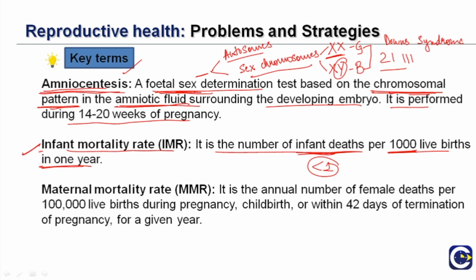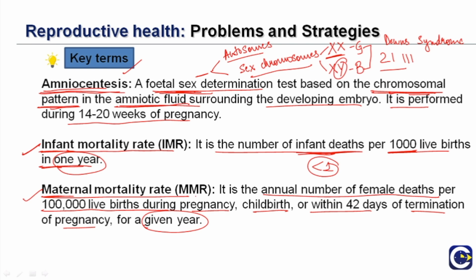And just as we have the infant mortality rate for the infants, we have the maternal mortality rate for the mothers. So the maternal mortality rate is the annual number of female deaths per 100,000 live births during pregnancy, childbirth, or within 42 days of termination of pregnancy, again for one given year.